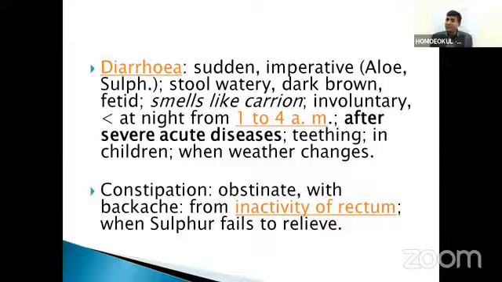Worse after 3 a.m. This is China, and next, worse after 4 a.m. Is it clear? So just keep in mind this time modality. Clear? And daily attacks of colic at 5 a.m. Open chapter Kali brom.